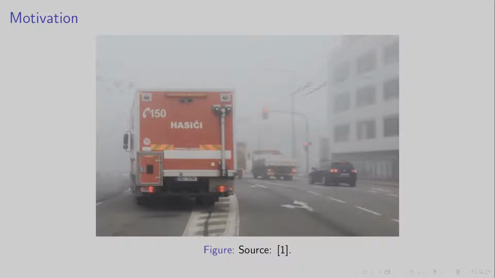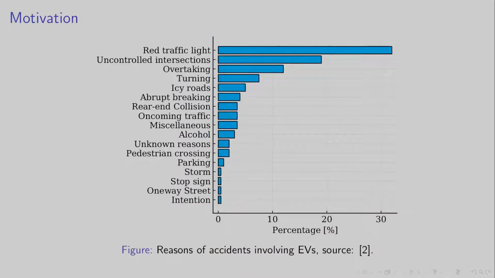Even though the emergency vehicles can pass the intersection with blue lights and sirens, this is potentially a very dangerous situation. In fact, according to a study of almost 200 accidents involving emergency vehicles from Germany, about 1/3 of them happened while going through the red traffic lights.